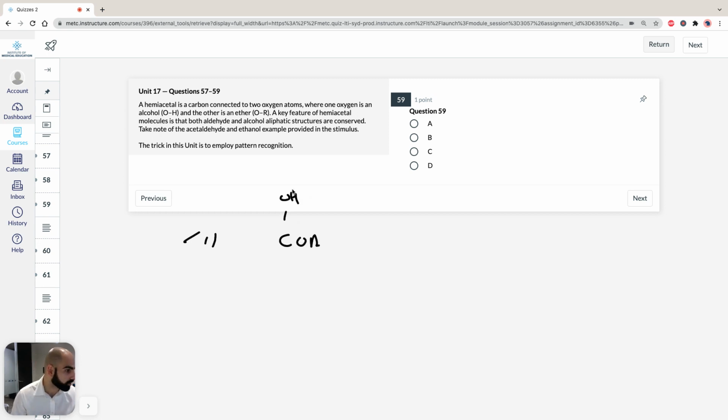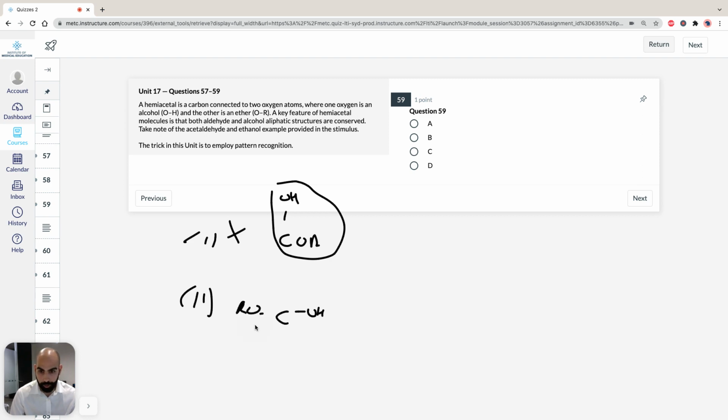All we have is an ether group and an alcohol group, but they're not on the same carbon, and it has to be the same carbon. So structure 1 is incorrect; it doesn't have a hemiacetal group. In structure 2, it's conserved: we've got a carbon with an OH group and an OR group, so that's a hemiacetal group.